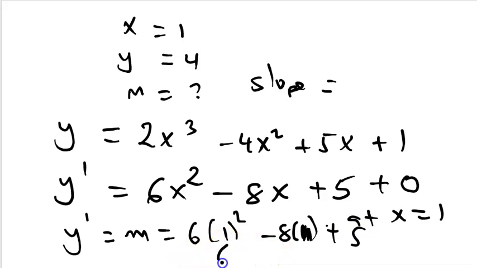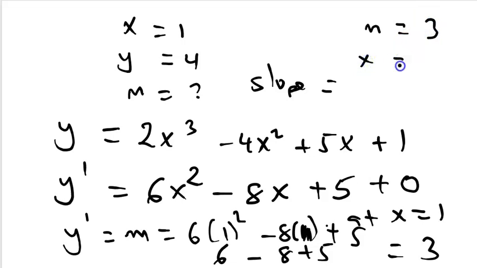So this is 6 minus 8 plus 5. That gives me 6 plus 5 is 11, minus 8 is 3. So now we have all the values that we need. The slope m is 3, x is given as 1, y is 4. We found it.